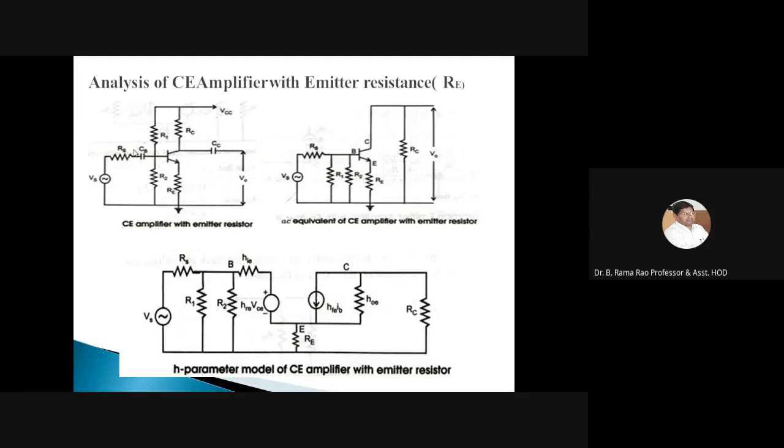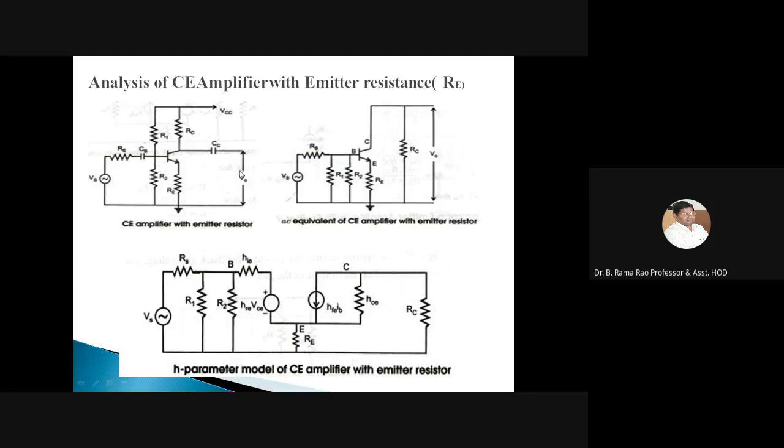Now according to our design steps, we have redrawn the circuit to obtain the small signal equivalent. This is the CE amplifier circuit with emitter resistance. Now we are going to draw the AC equivalent of the CE amplifier with the emitter resistance. We start with the complete circuit diagram.